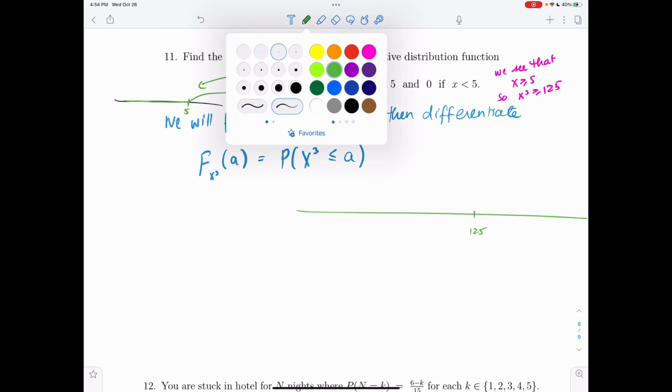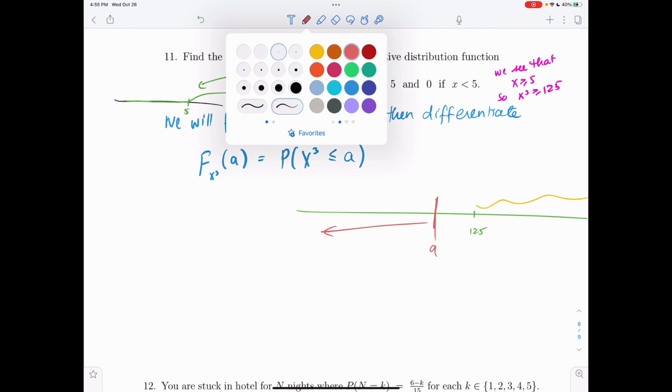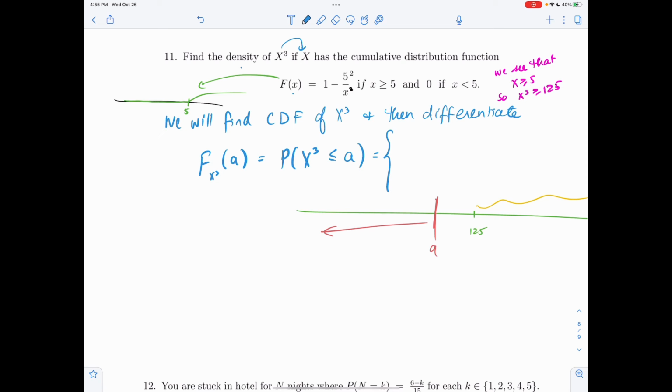And you know that all the gold is there. Okay, the whole 1 gram of gold. So if you pick any a to the left of 125 and you ask what's the probability of x cubed being less than or equal to a, that's asking how much gold is to the left of a. That is 0. So you see this will be 0 if a is any number less than 125.